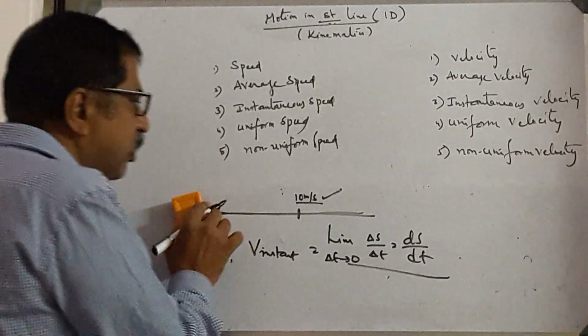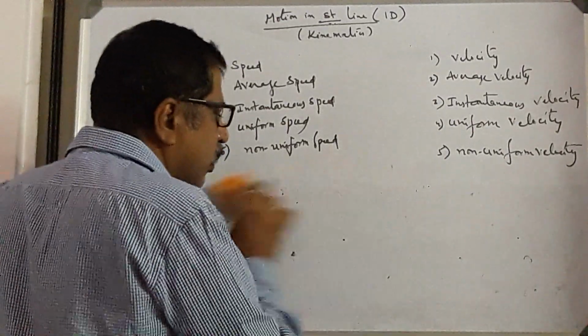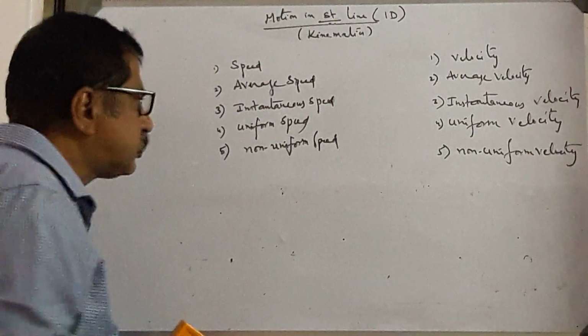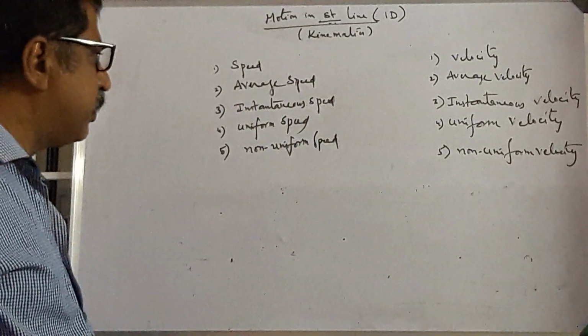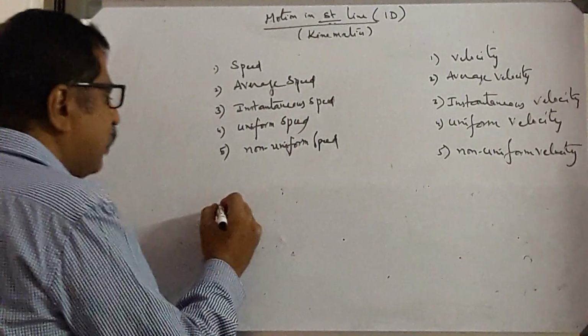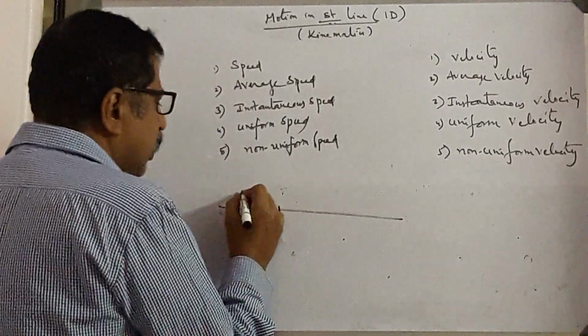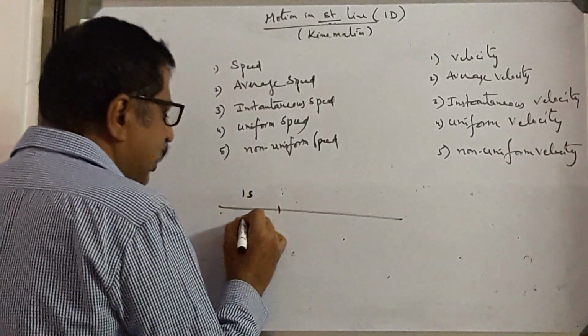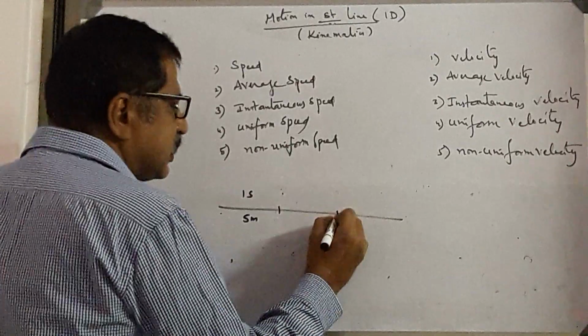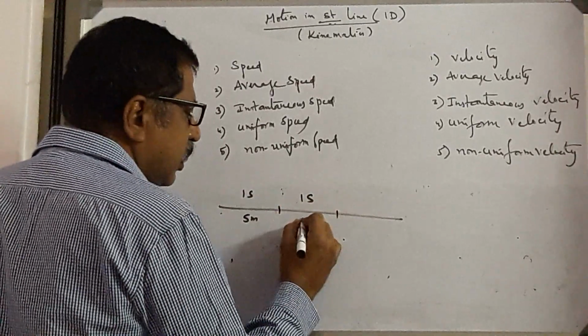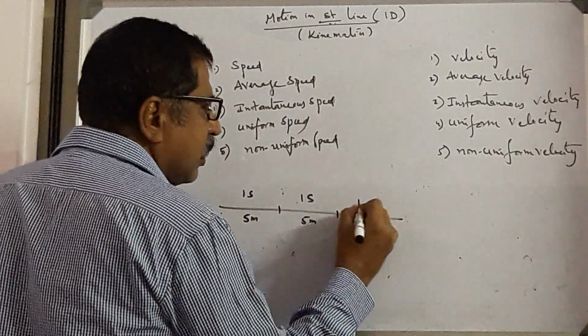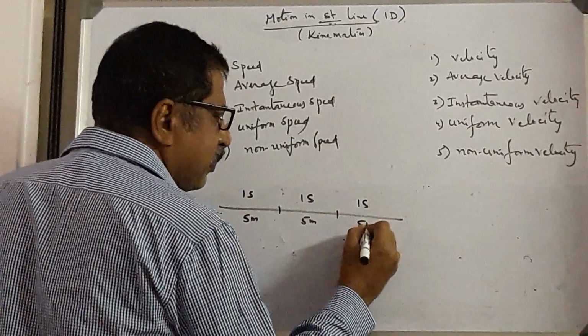Now we want to know about uniform speed. For example, a body in the first second traveled 5 meters, in the second second it traveled 5 meters, and in the last 1 second it traveled 5 meters.